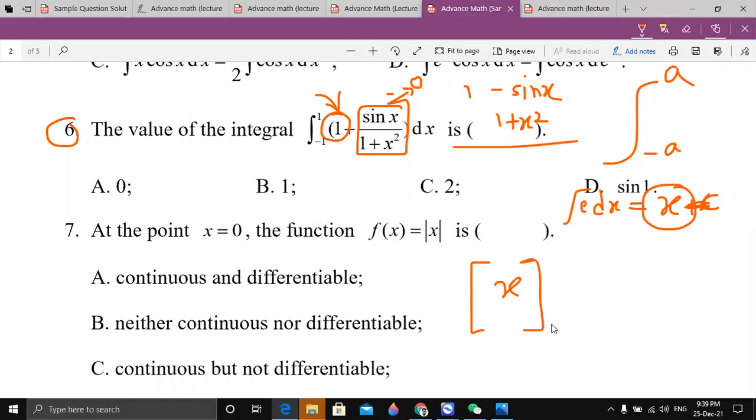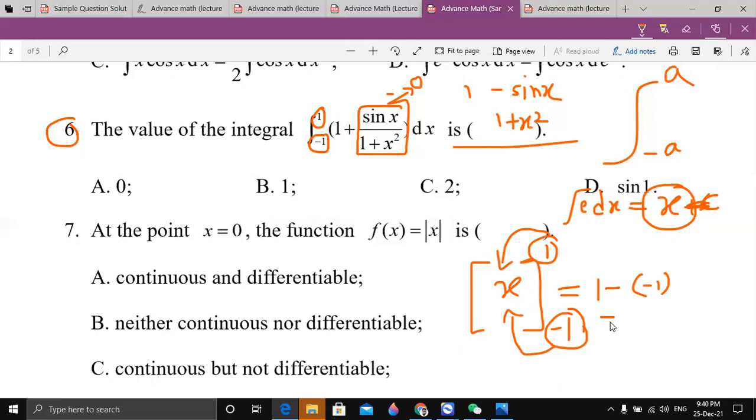And we have to plug in the limit. The limit was minus 1 to 1. If you calculate this part, it will be F(b) minus F(a). That means we firstly plug in the upper limit, which is 1, and then minus the lower limit, which is minus 1.